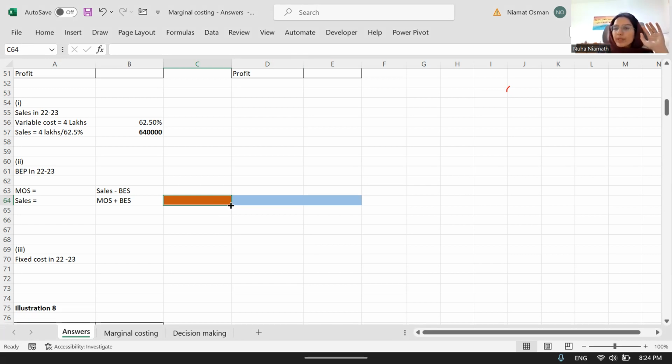Has everybody understood? Okay. So sales is equal to MOS, margin of safety, plus break-even sales. So let's say 100% is my sales. Margin of safety is 21 point... What is my margin of safety?